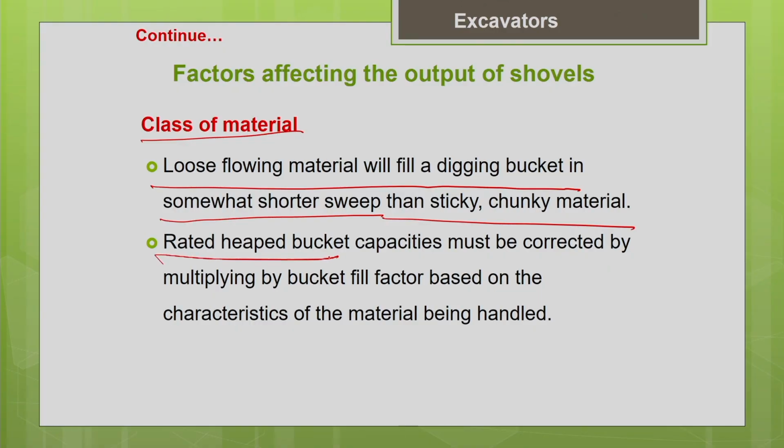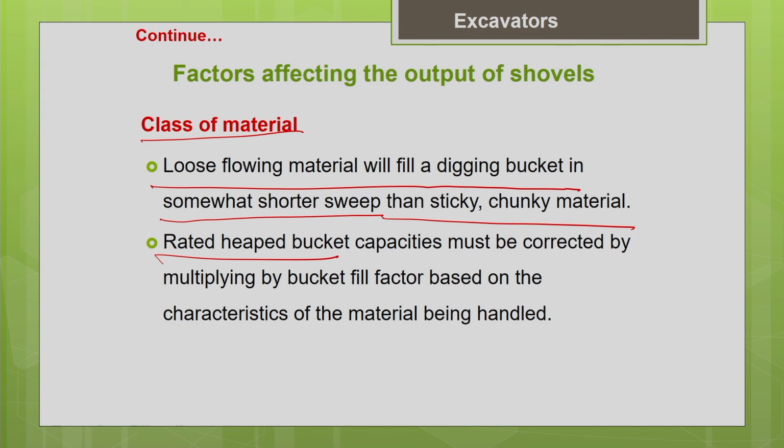So the manufacturer has done the rating of the bucket under standard condition, say at a particular angle of repose, say 1:1, and they have given you the rated heaped bucket capacity. But you have to adjust that rated bucket capacity according to the filling ability of the material which you are going to handle at your project site.